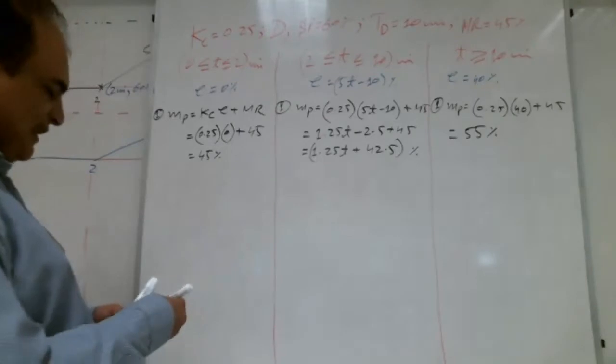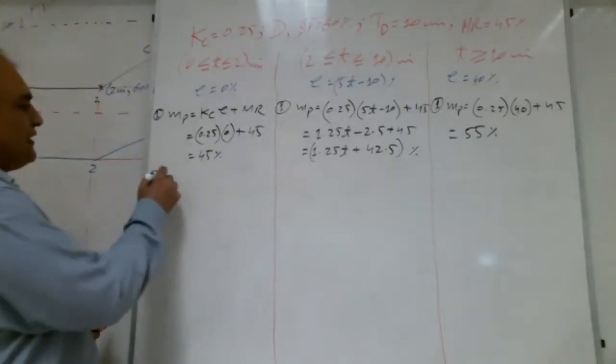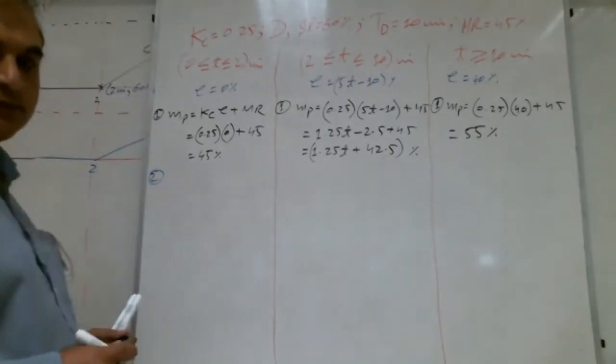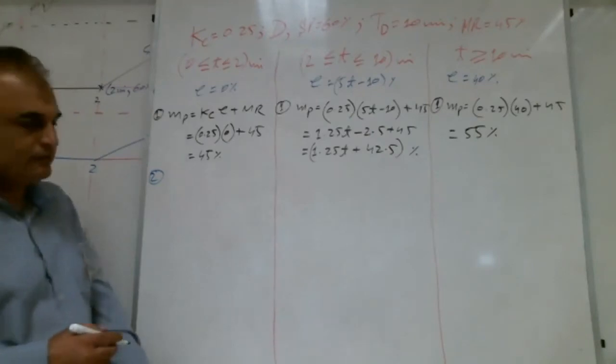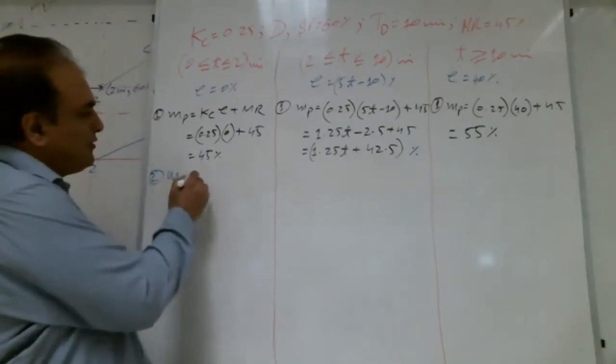Okay, Shabab, what is the next point? All the time, step 2. What is that? MD. Very good. MD is equal to what?